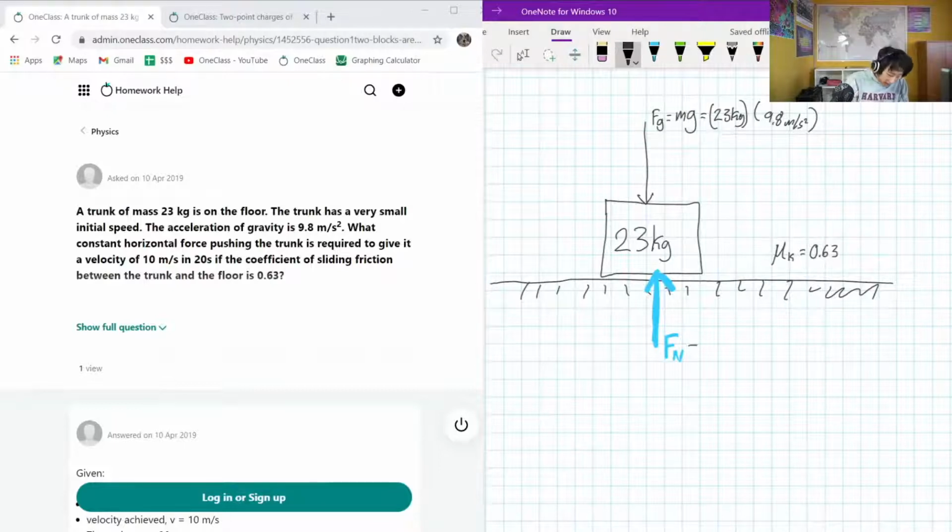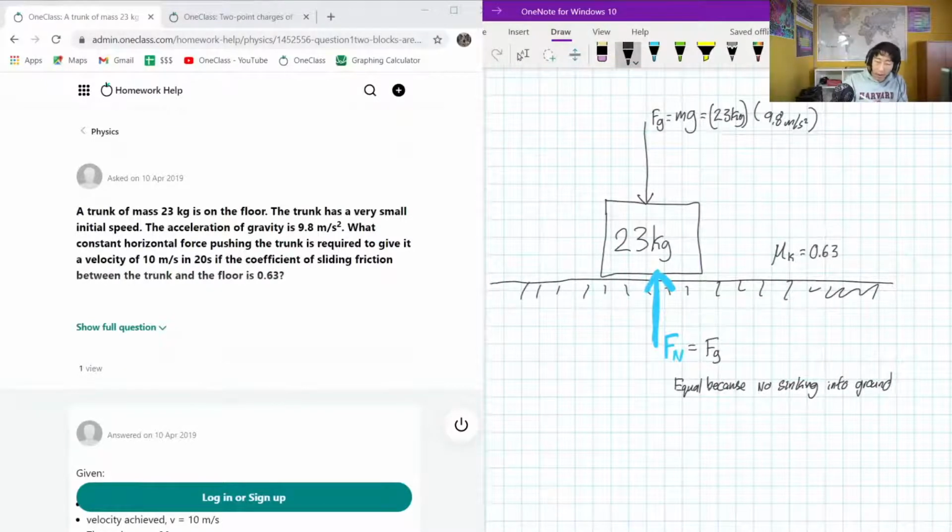And in this case, it's just going to be equal to Fg, equal because no sinking into ground. Okay, fairly straightforward.